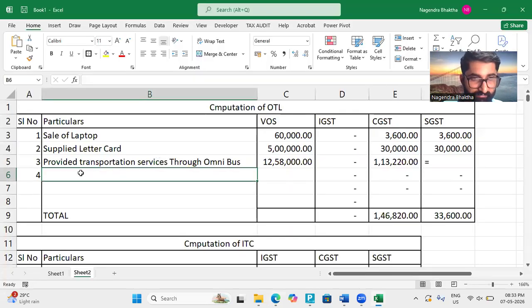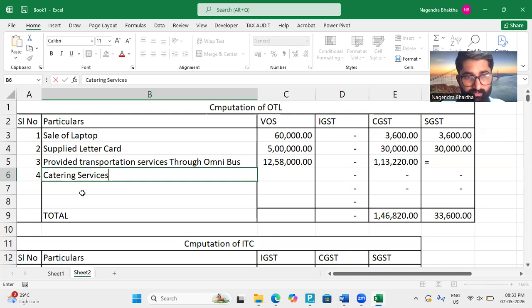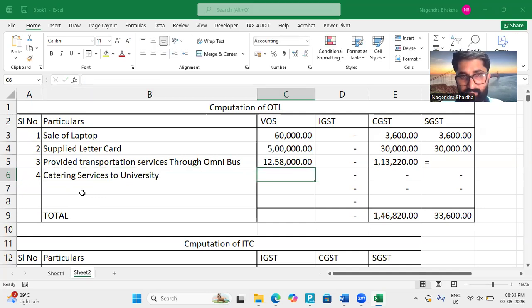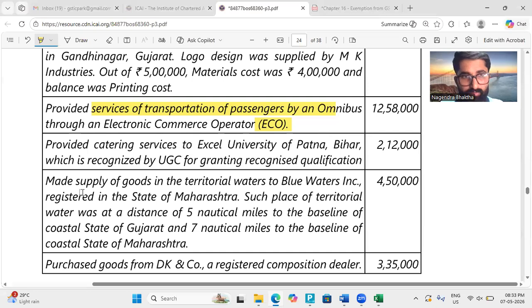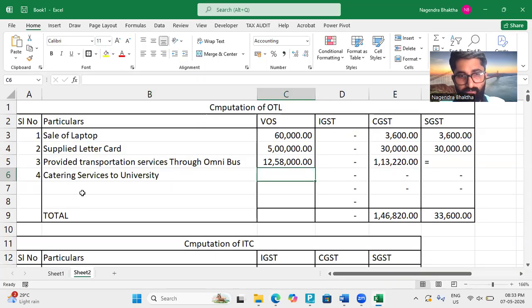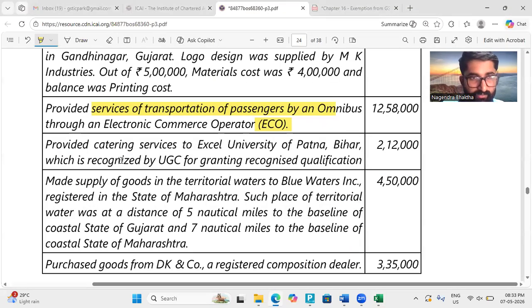Catering services to a university. This is not exempt, this is taxable. So here 2,12,000. Is this CGST, SGST, or IGST?